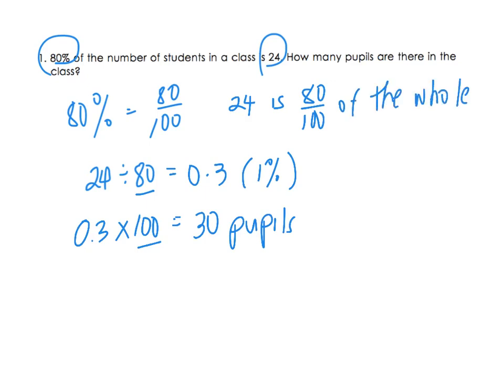And we usually interpret this as a multiplication sentence, meaning 80 over 100 times the whole class should result in 24.